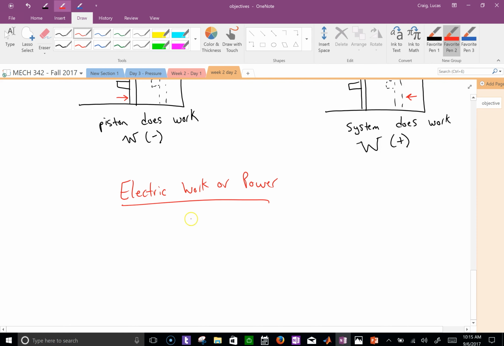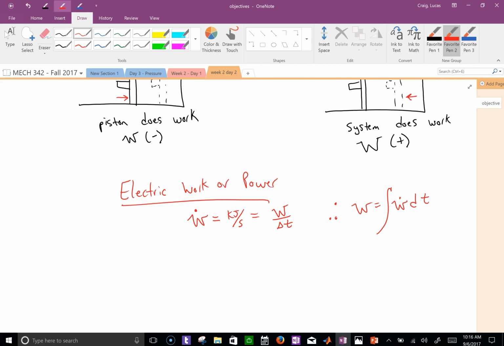Before I show you the electric work, we can put it on here. W dot is for power. So we can put the unit kilojoules per second. And basically, it's your work over a change in time. And look, it's very similar to what?